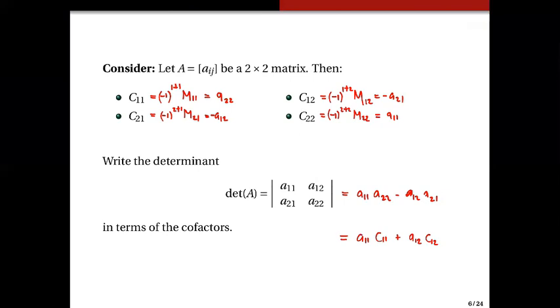If we write the determinant now, C12 is again negative A21, so we have it here already. This becomes C12, and attached to it is A12. Whereas for C22, it's A11, and this is our A11. So we will replace that A11 with C22.